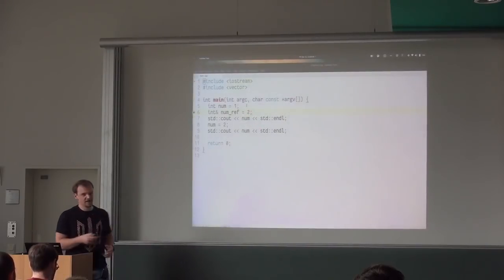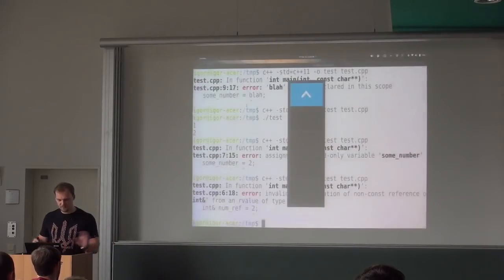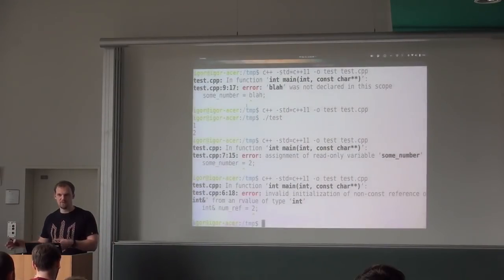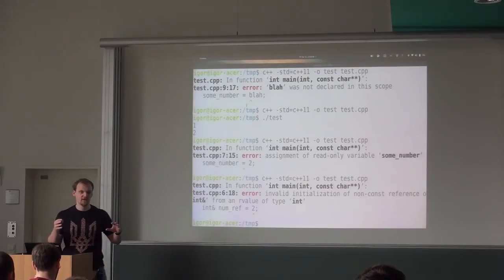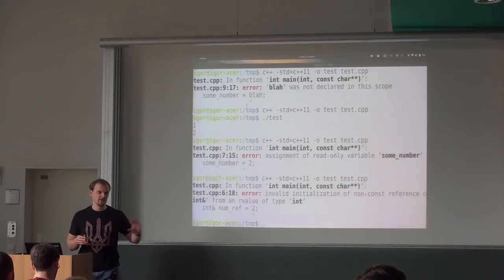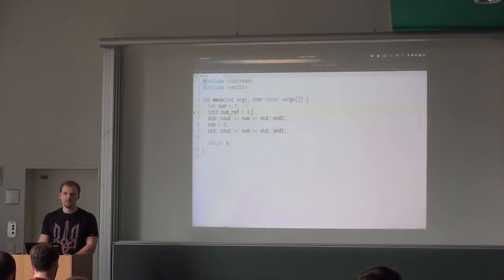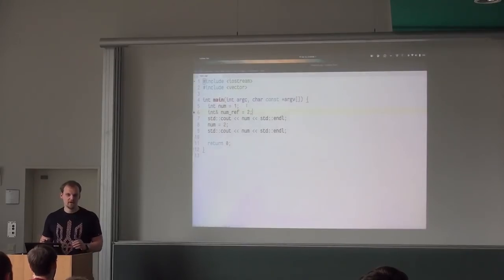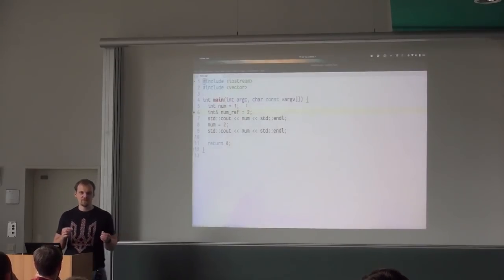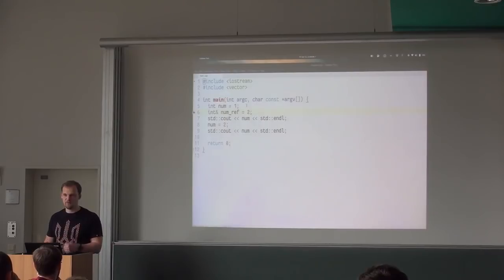So it cannot be an R value, and that's why it complains. We will go deep into that when we talk about all the memory stuff, it's going to be later in the course. For now, you have to remember that you cannot assign a number to a reference, because a reference can only be a reference to a variable.